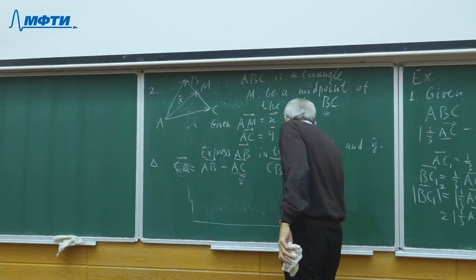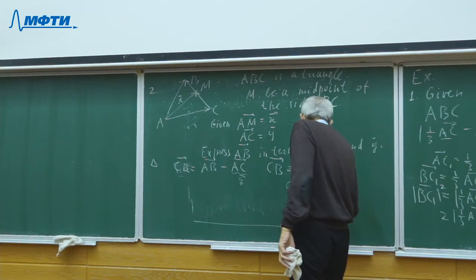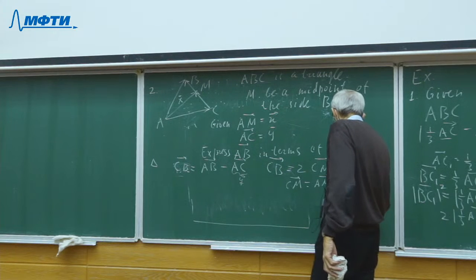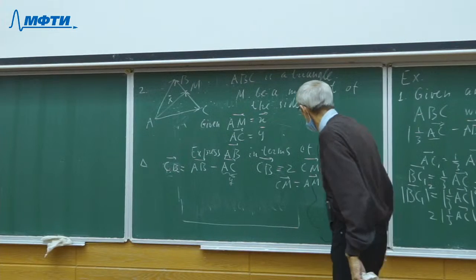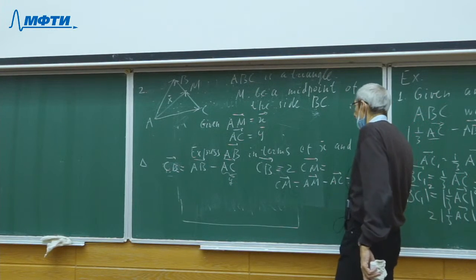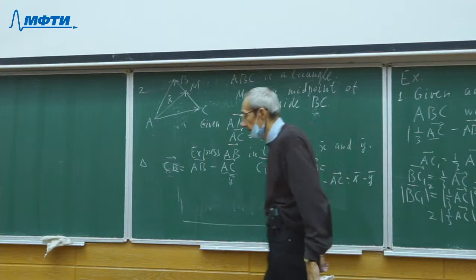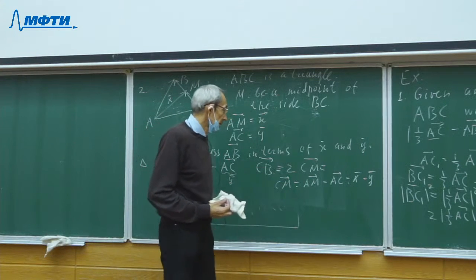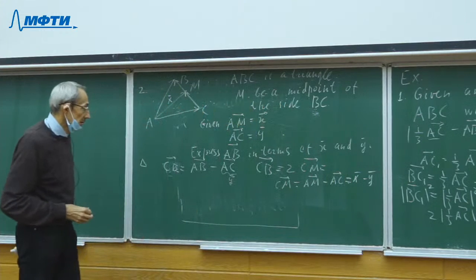CM is equal to AM minus AC. It's okay. AM is x and AC is y, and we obtain the exact expression of vector CM in terms of the given vectors.